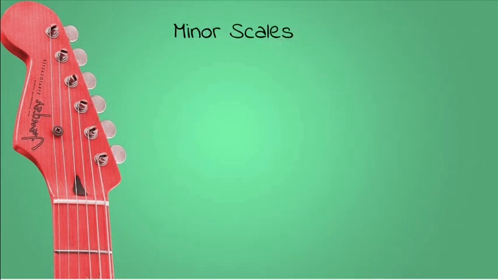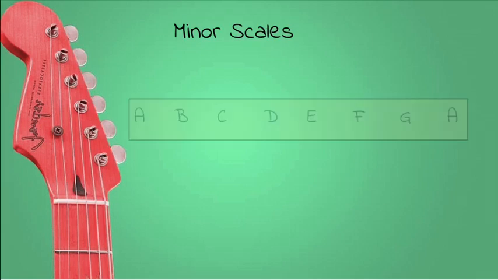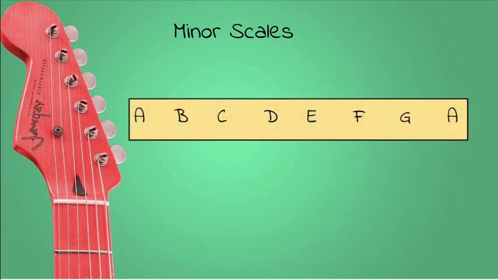The other way to know the notes for minor scales is by simply memorizing the formula. It's different than the major scale formula. Here's the minor scale in the key of A minor.